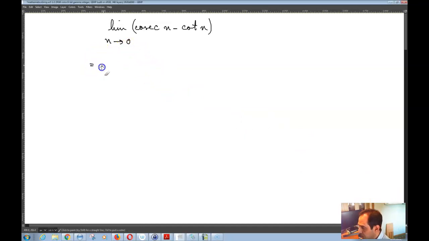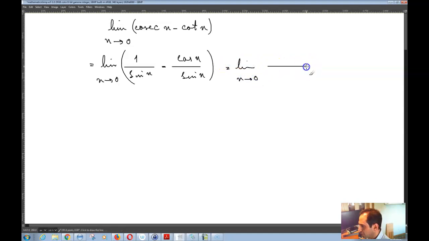You can write this as the limit of 1 over sine x minus cos x over sine x as x tends to 0, and then this is the limit of 1 minus cos x over sine x.